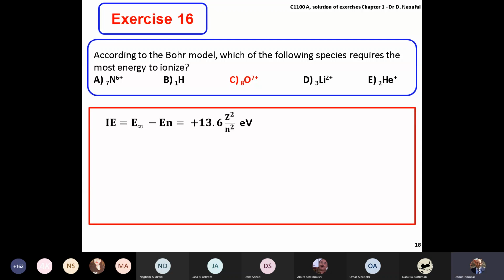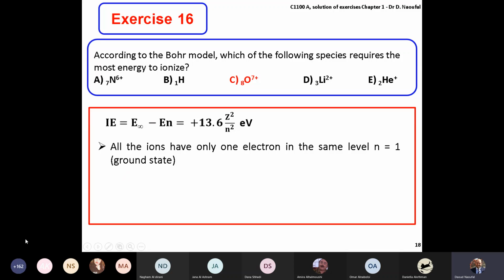So in all the species have the same n. So the ionization energy is directly proportional to Z. We can say if n is the same for all the species, the one with Z greater should have the greatest ionization energy.